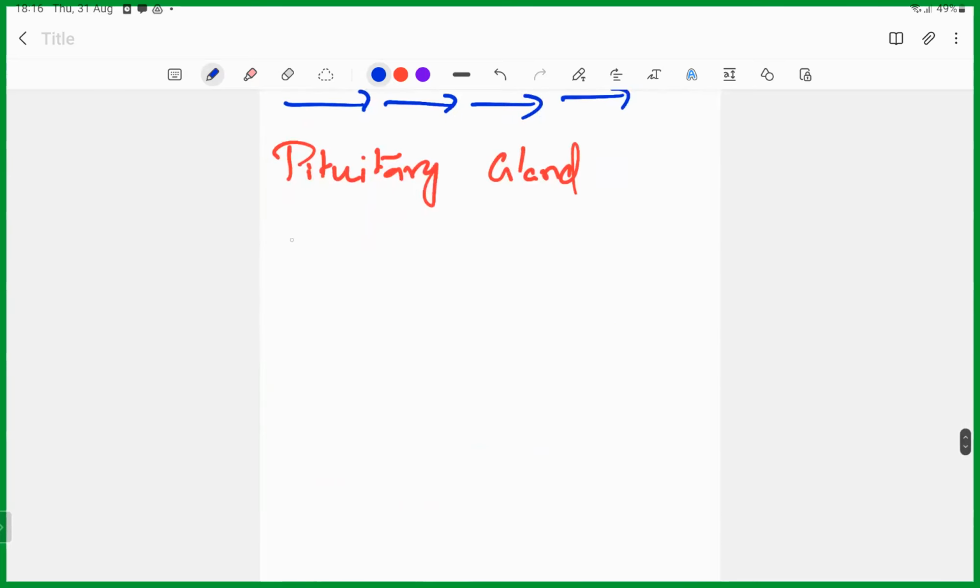Now, the anterior pituitary. What are the hormones connected with the anterior pituitary? Let me give it in short form. GH, growth hormone. ACTH, adrenocorticotropic hormone. TSH, thyroid stimulating hormone.